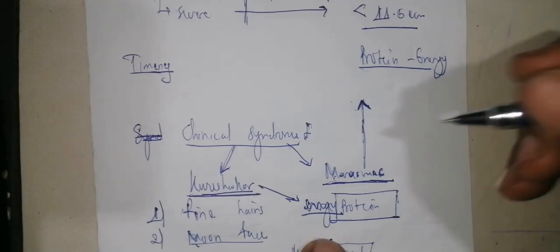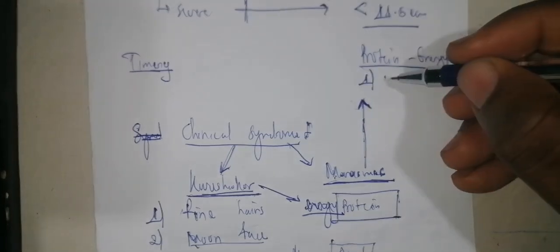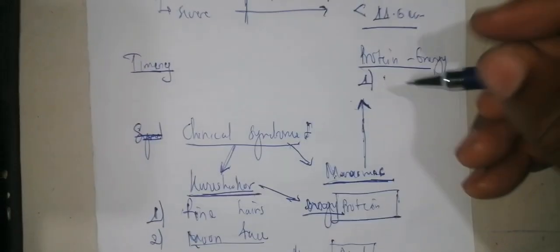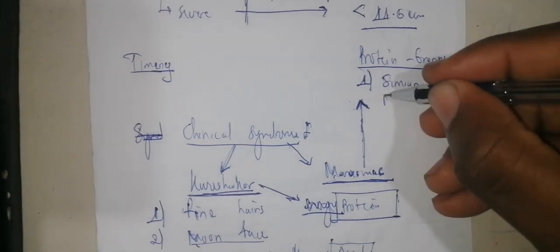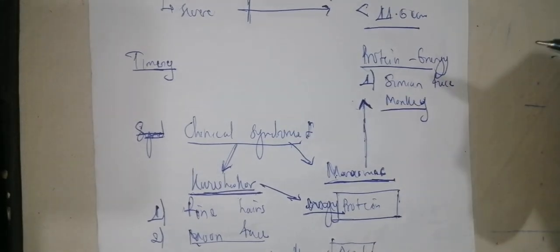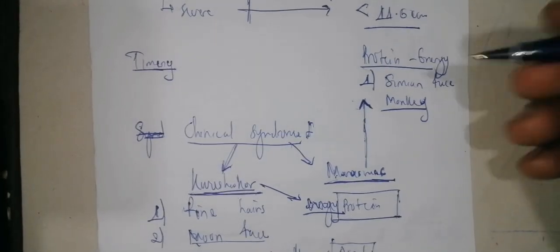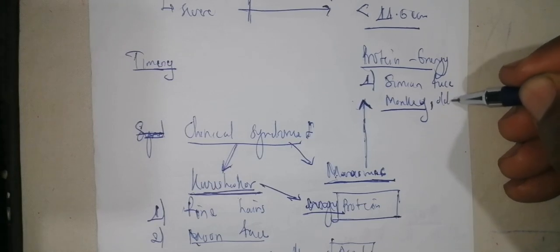The features of marasmus are, one, you're going to have the simian face, or monkey face. The face of these children is going to be like that of a monkey or an old man. Is it clear? So those are the different characteristics: simian face, old man face, or monkey face.